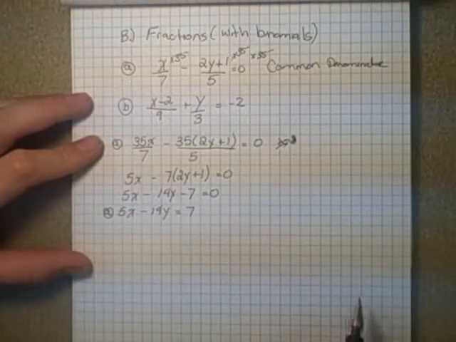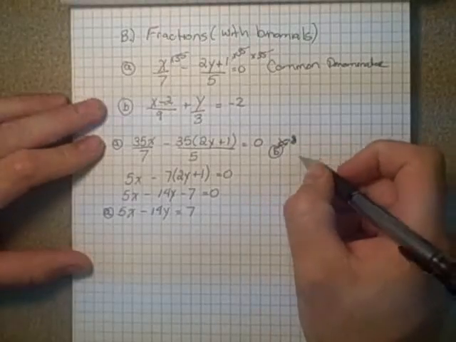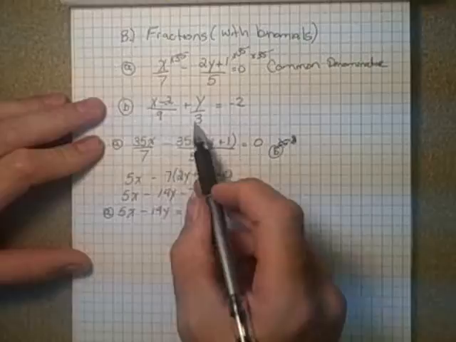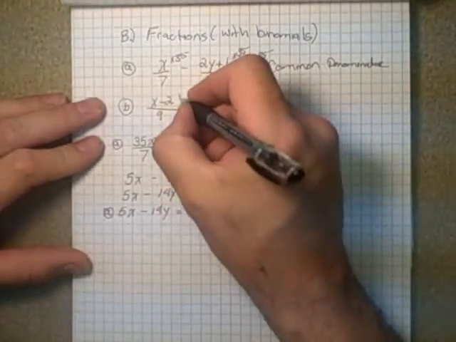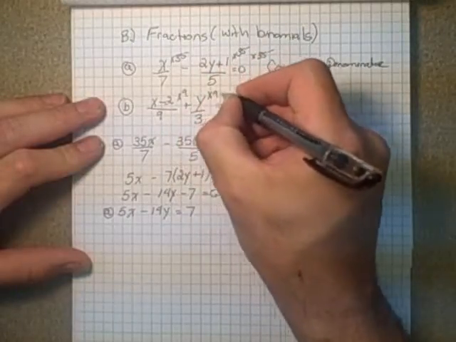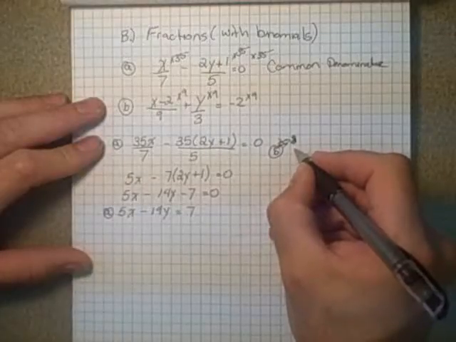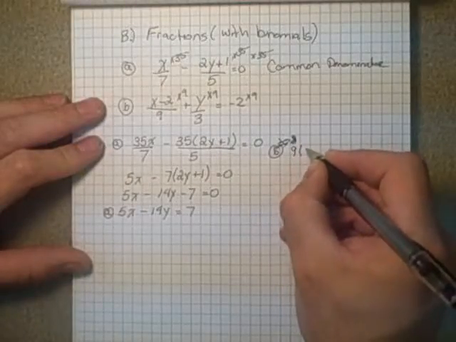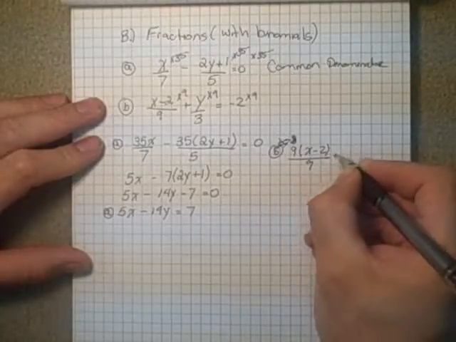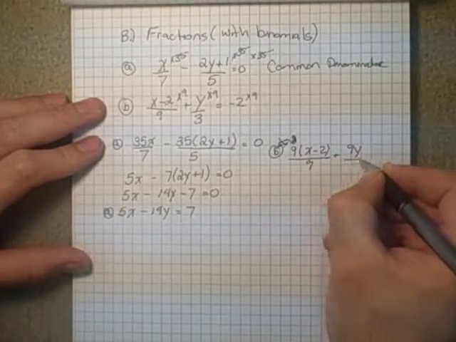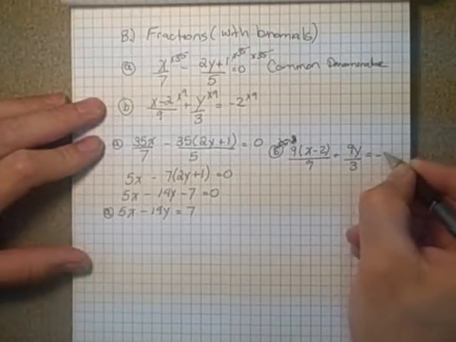Now let's work with equation B over here. So I want to take a common denominator from 9 and 3 and 2 over 1, or 1. So that would be 9, so multiply everything through by 9. Again, being careful so that you include the binomial expression in brackets. 9 times (x minus 2) over 9 plus 9y over 3 equals negative 2 times 9, which is negative 18.